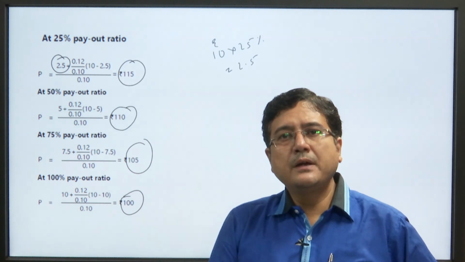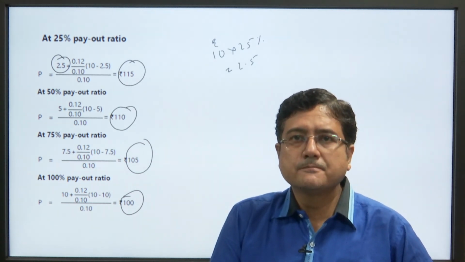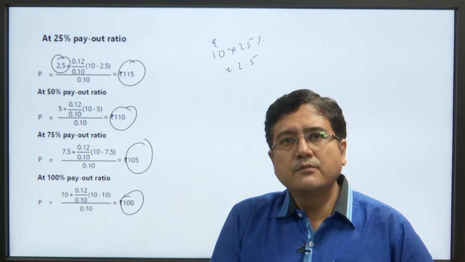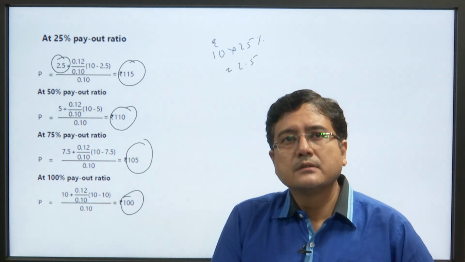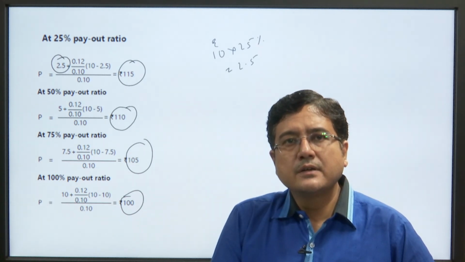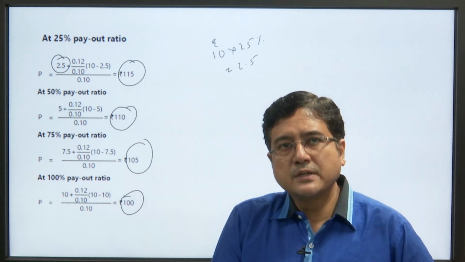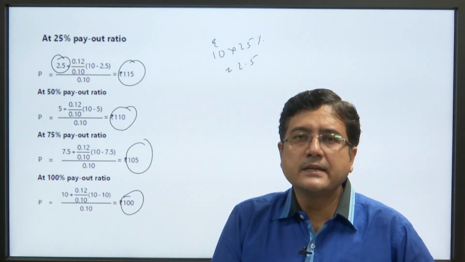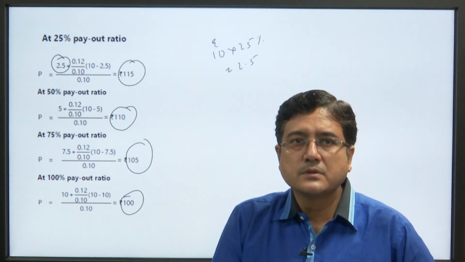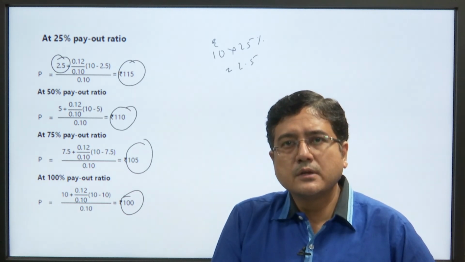When payout ratio is 25%, that means the company pays 0.25 rupees per share, then the price of the share decreases. At 75% it is 105, and at a 100% payout ratio, that means you pay the total and retain nothing, the price of the share falls to 100.